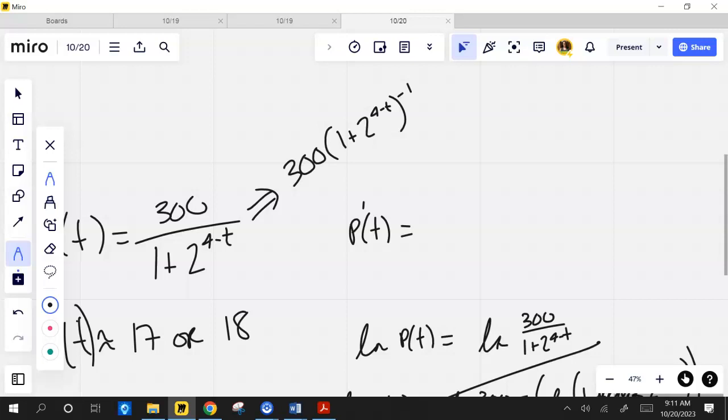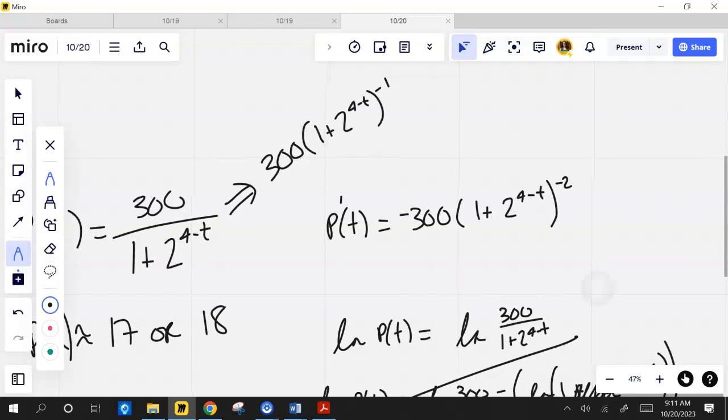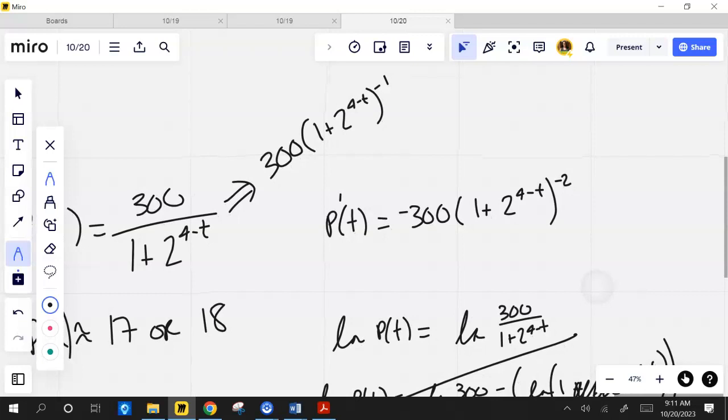I always make it -1 because I hate quotient rule. Y'all know that. All right, so I'm going to do power first. -300 times 1 plus. Why? Because you did it? Great. When you squared the bottom? Yes.